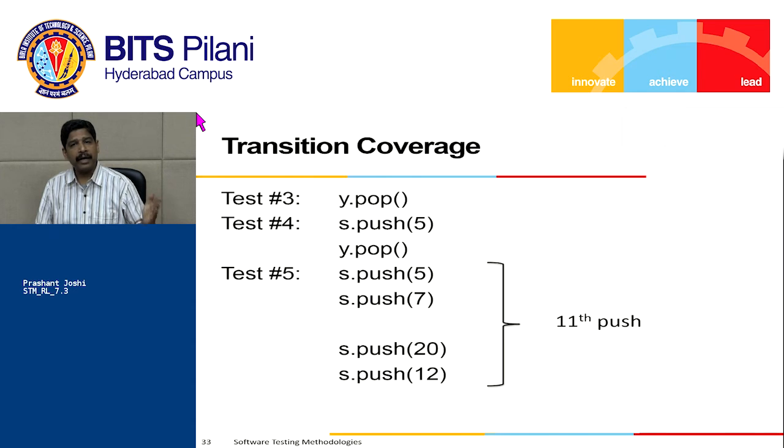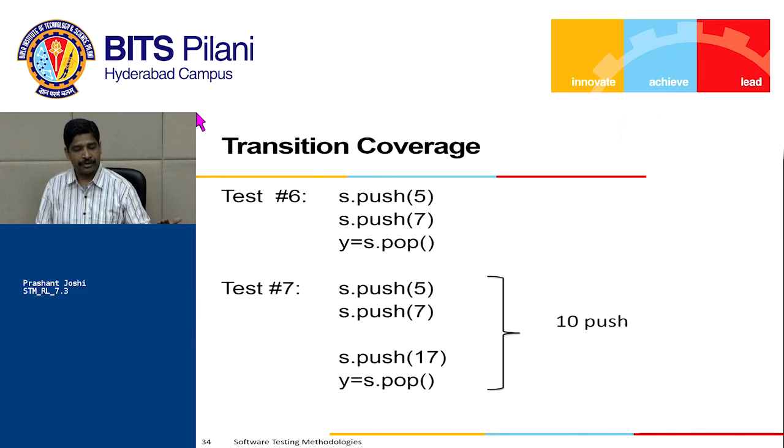So in making it full, we created certain amount of transitions already. So if I start looking at the 11th push, I will not be able to make the 11th push, but I would have covered a transition. And then you start looking at popping and coming back again so as to cover the rest of the transitions.